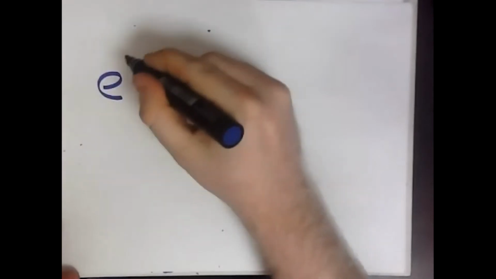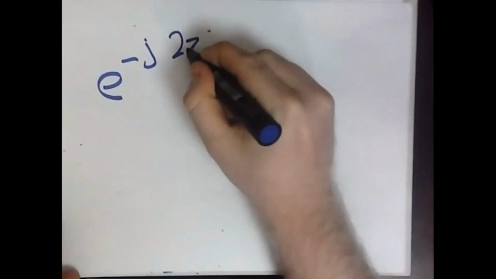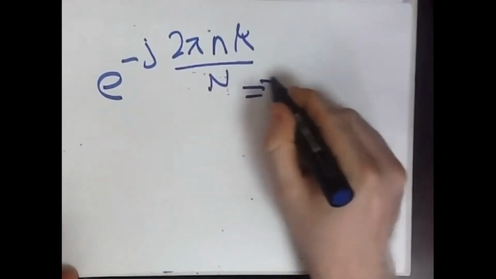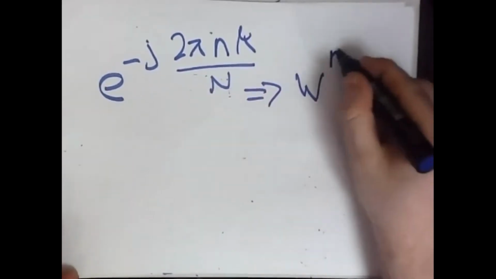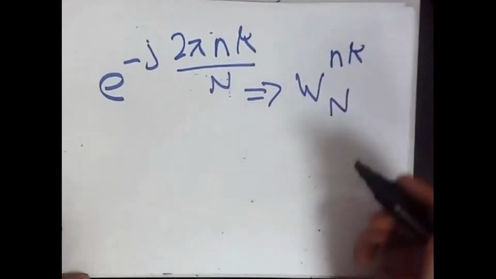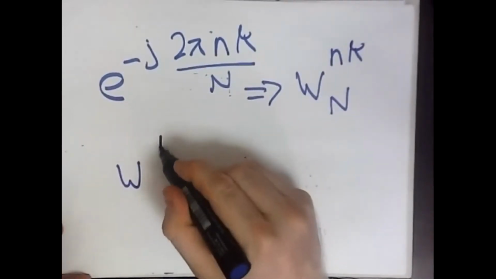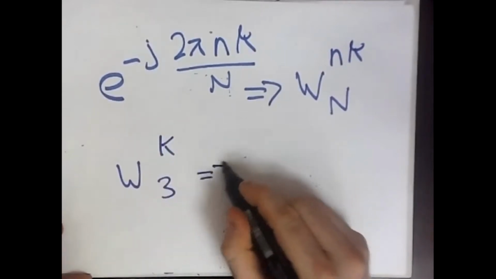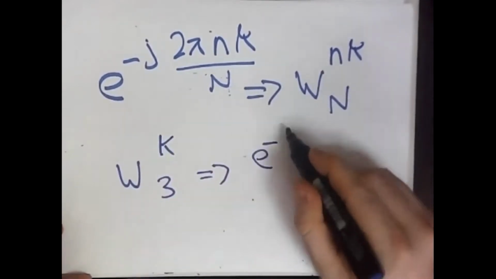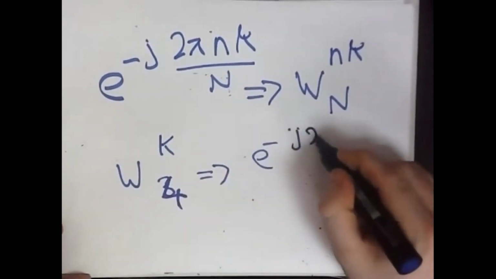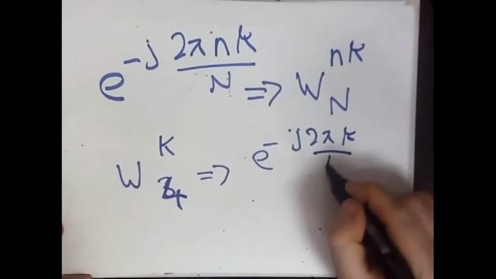Generally we have this exponential term, which is e power minus j 2 pi n small k over N capital. So this is simply equivalent to W nk over N. For example, when I say W k over 4, this simply means e power minus j 2 pi k over 4.